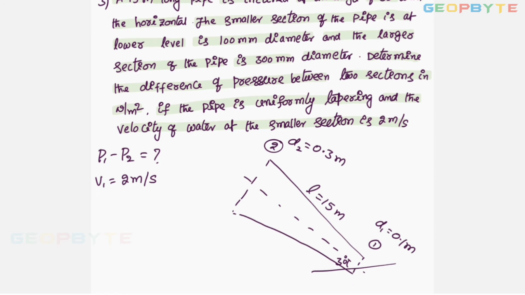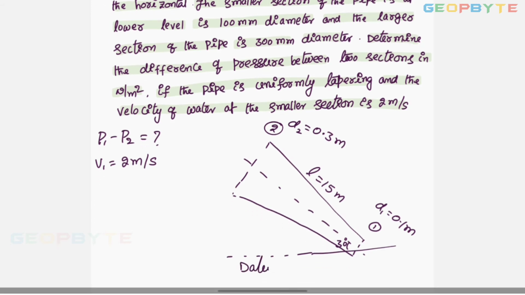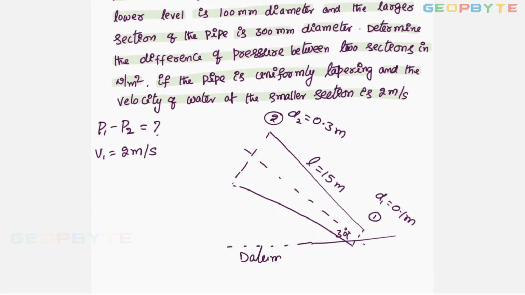Now let us assume this is the datum line. Since datum line is passing through the section 1, elevation Z1 equal to 0, then Z2. Just think, how do you find the Z2?